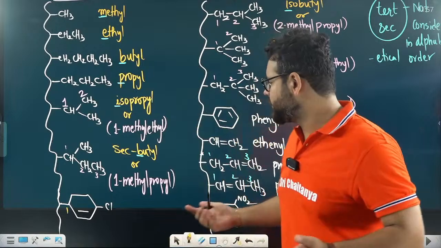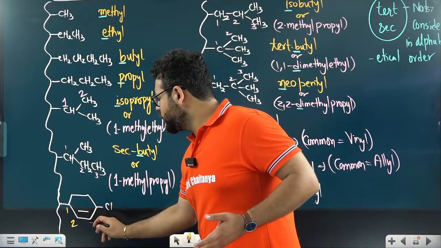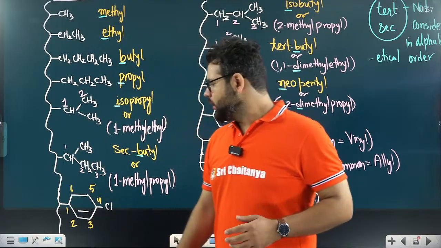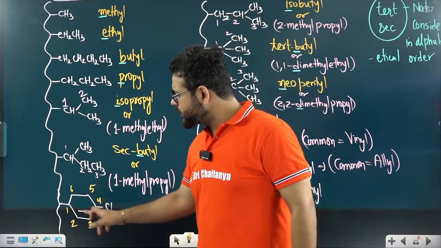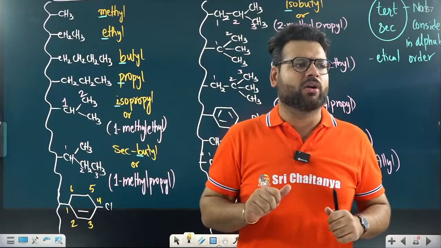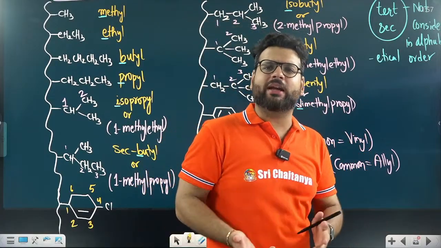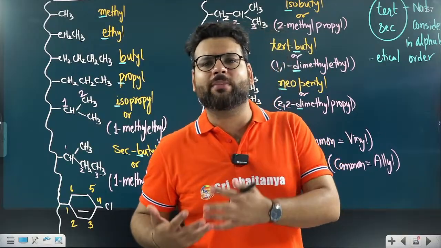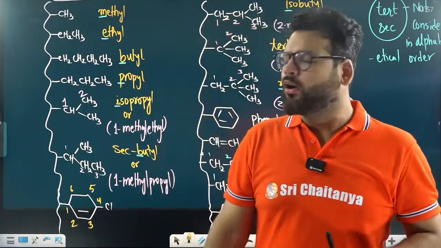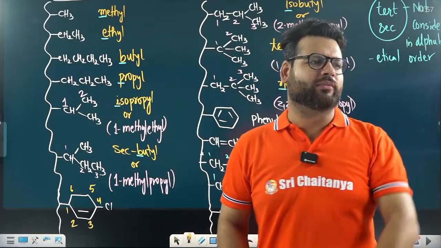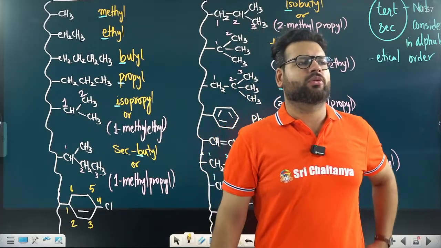The alkene should get the lowest number. 1, 2, 3, 4, 5, 6. So it's 4-chlorocyclohexene. But it's not the parent chain, it's the side chain. So the name must end with yl. 4-chlorocyclohex-2-enyl. Yes or no?